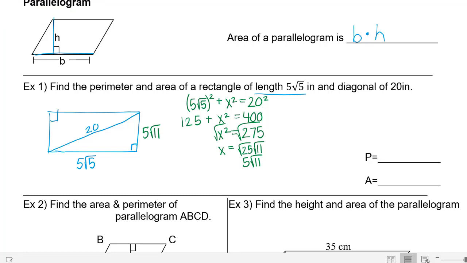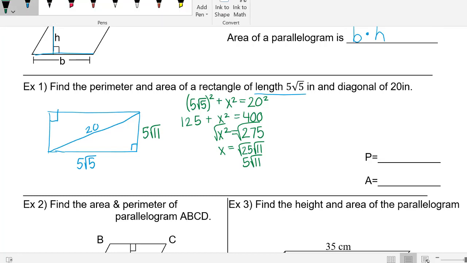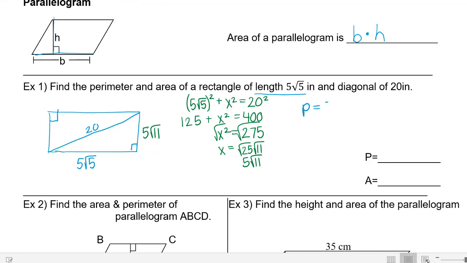To find that perimeter, we just need to add up all of those 4 sides together. So perimeter is going to be 5 root 5 plus 5 root 11 plus another 5 root 5 with that opposite side plus 5 root 11. The like radicals that we can combine are the root 5s and the root 11s.